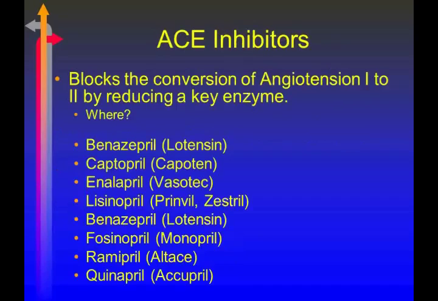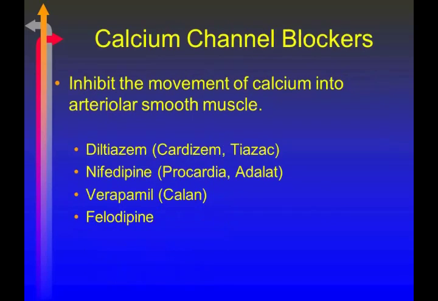ACE inhibitors block the conversion of angiotensin 1 to angiotensin 2, and that occurs in the lung. And you'll notice they all have kind of IL at the end, so a whole slew of them. Calcium channel blockers inhibit the movement of calcium back into the cell, therefore reducing constriction of the vessels.